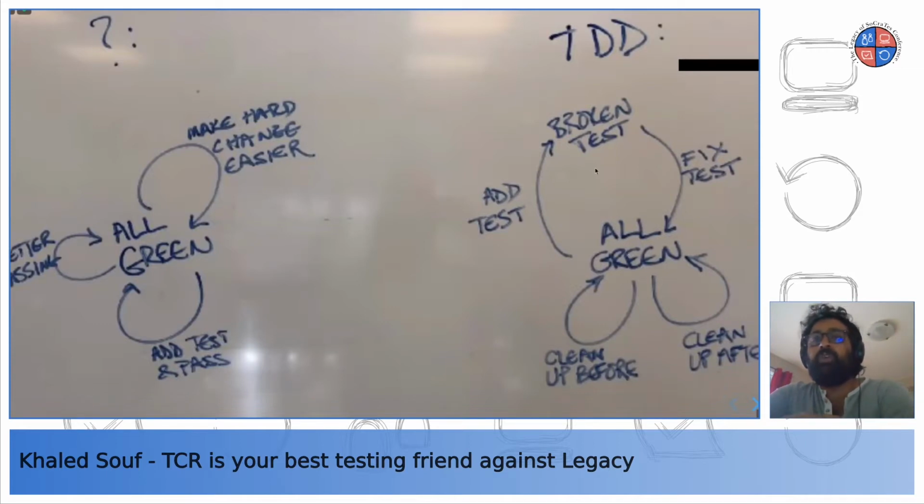So we stay in that green state. When we are cleaning the code, I'm talking about the refactoring phase in TDD. And we have a red phase when the test is broken. So when do we get that? When we are adding a test, in most cases.